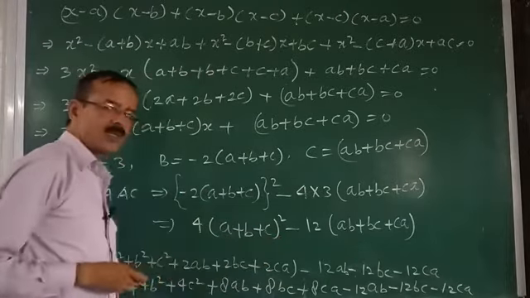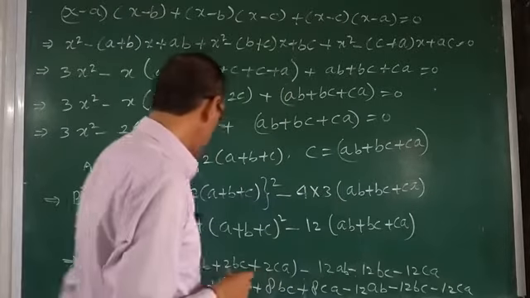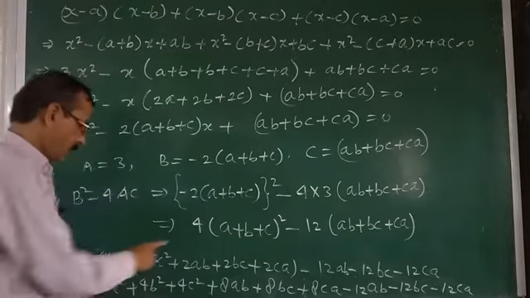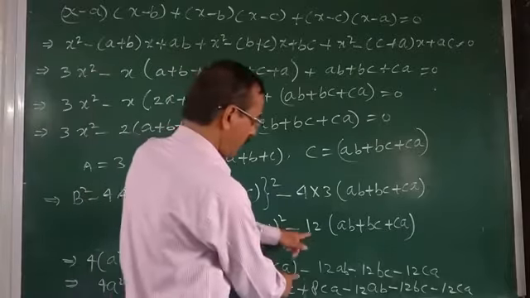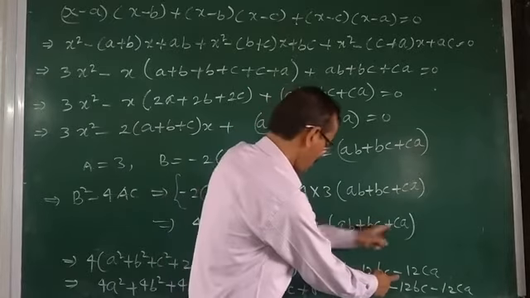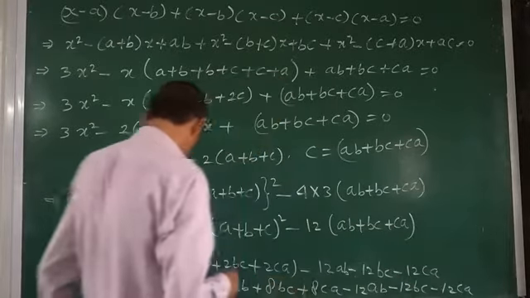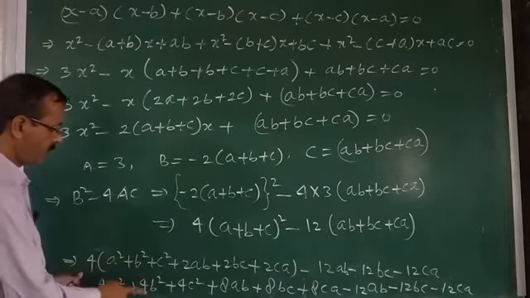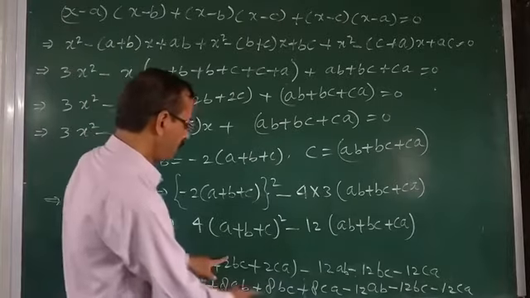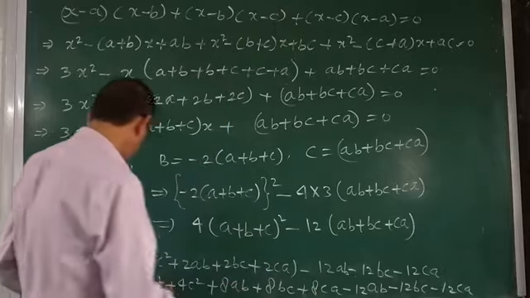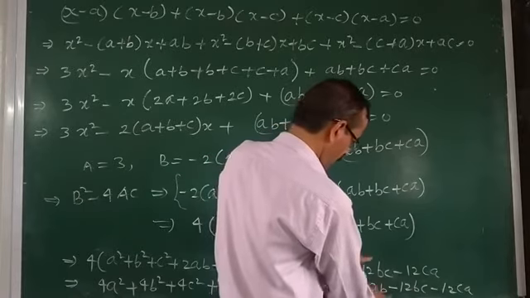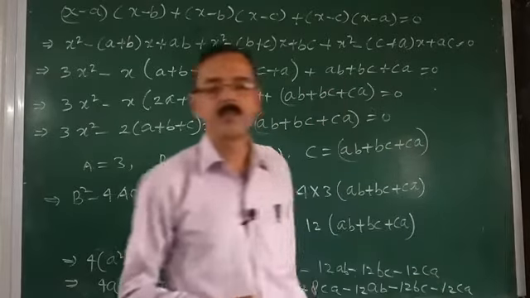Now apply the formula for (a plus b plus c) whole square, as you know from class 9 and 10. It is a square plus b square plus c square plus 2ab plus 2bc plus 2ca, with the 4 outside, minus 12ab minus 12bc minus 12ca. Now multiply the 4 in the bracket: 4a square plus 4b square plus 4c square plus 8ab plus 8bc plus 8ca, minus 12ab minus 12bc minus 12ca.